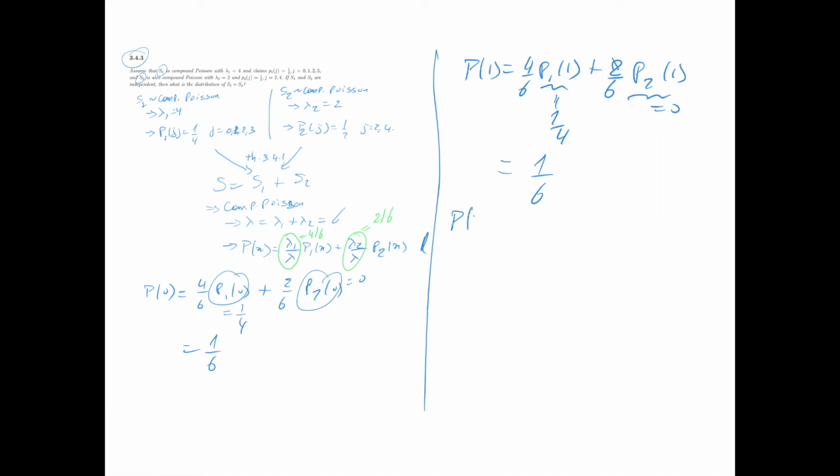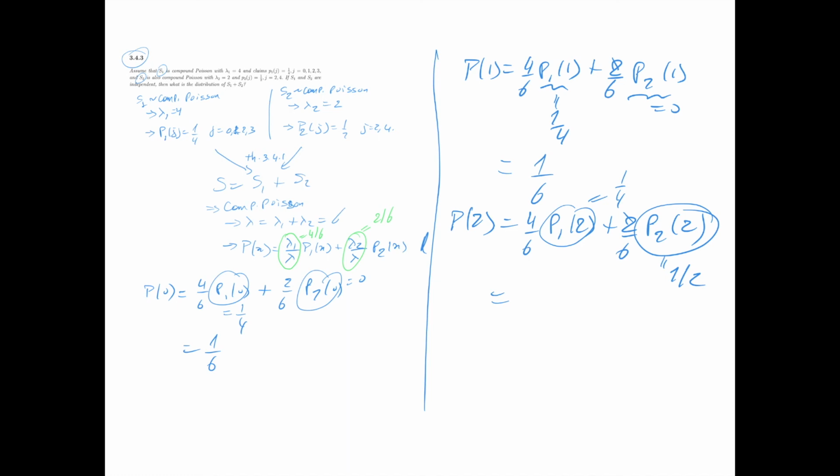P2, or P in the value 2, again 4 over 6 times P1 in 2 plus 2 over 6 P2 in 2. So now this probability here is equal to 1 over 2, and this probability is still 1 over 4.